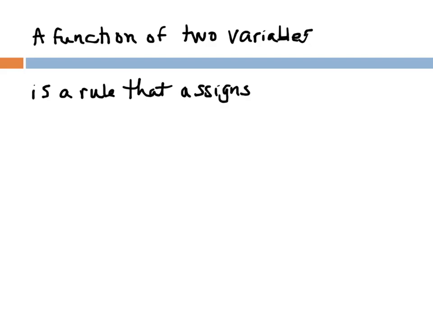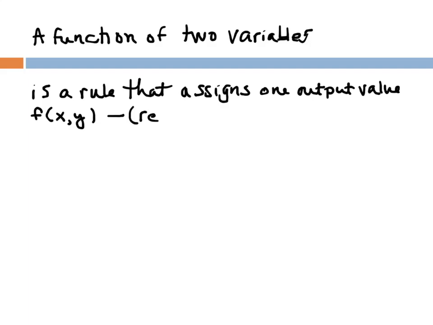We're always going to have one output value. But instead of calling it f of x, it's going to be called f of xy. So one output value, and it's a real number. In fact, I'll just put that in parentheses, just to remind you. We are working in the real number system still.